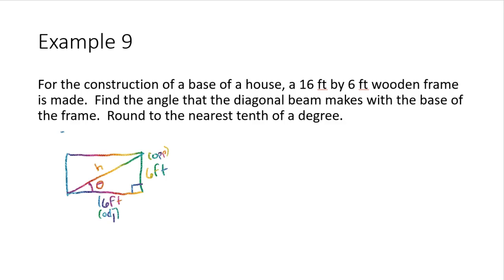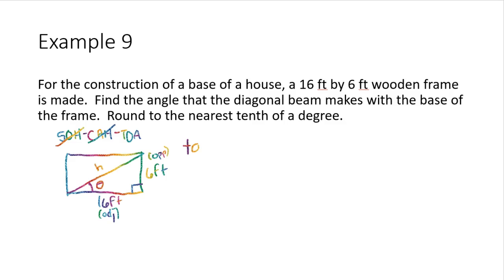Okay, now we're going to use SOHCAHTOA here. I don't know the hypotenuse, so I won't be using sine because it needs a hypotenuse. I won't be using cosine because it needs a hypotenuse. That means I have to solve this problem with tangent.